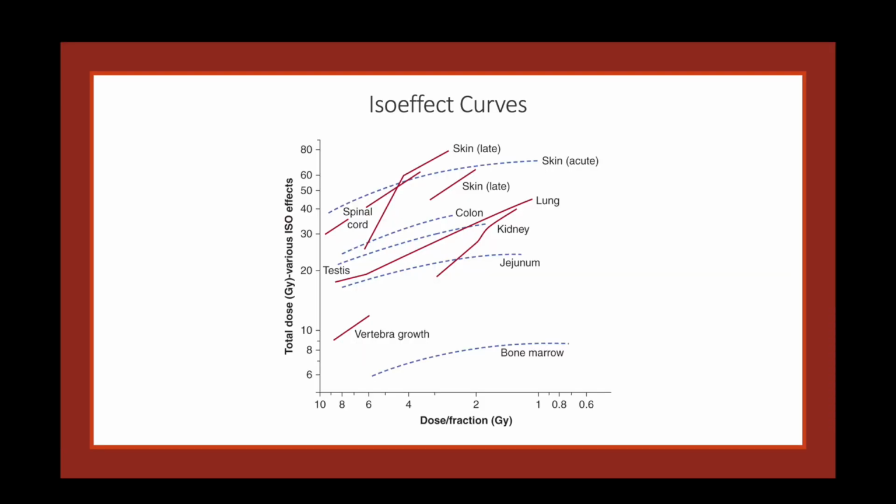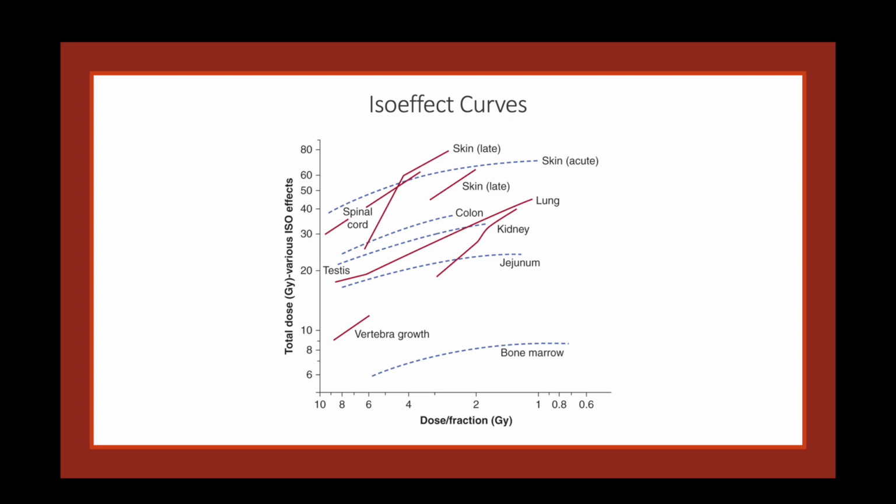Another graphical way of looking at these alpha beta ratios and how different tissues of different alpha beta ratios react to things is by looking at something called these ISO effect curves. So the ISO effect curves, on the x-axis plots the dose per fraction, and on the y-axis it plots the total dose at which you see various side effects. So the ISO effects, the same level of side effect.